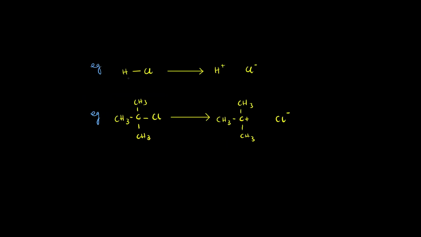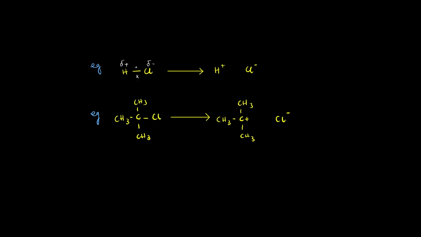Now let's look at some examples. If we have HCl, hydrogen chloride, and break it heterolytically, we know that chlorine is the more electronegative atom and hydrogen is the less electronegative atom.